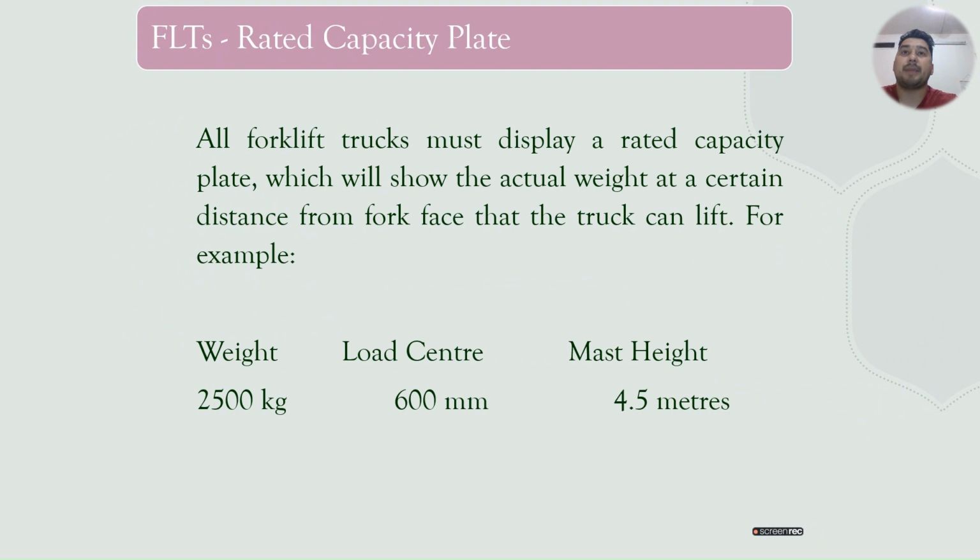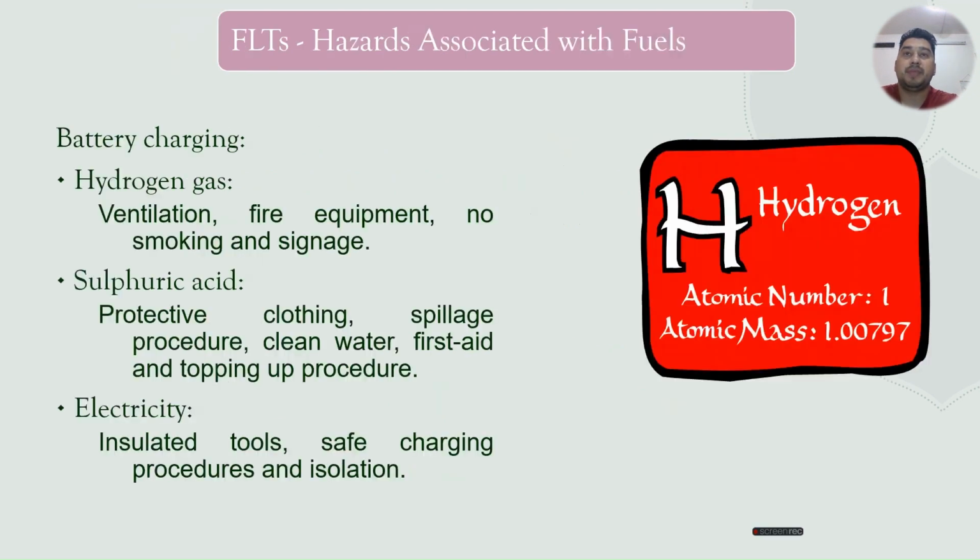Forklift trucks: read the capacity plate. All forklift trucks must display a rated capacity plate, which shows the actual weight at a certain distance from the fork face that the truck can lift. For example, the weight is 2500 kg, load center is 600 millimeter, mast height is 4.5 meter. These should be clearly visible on the forklift truck.